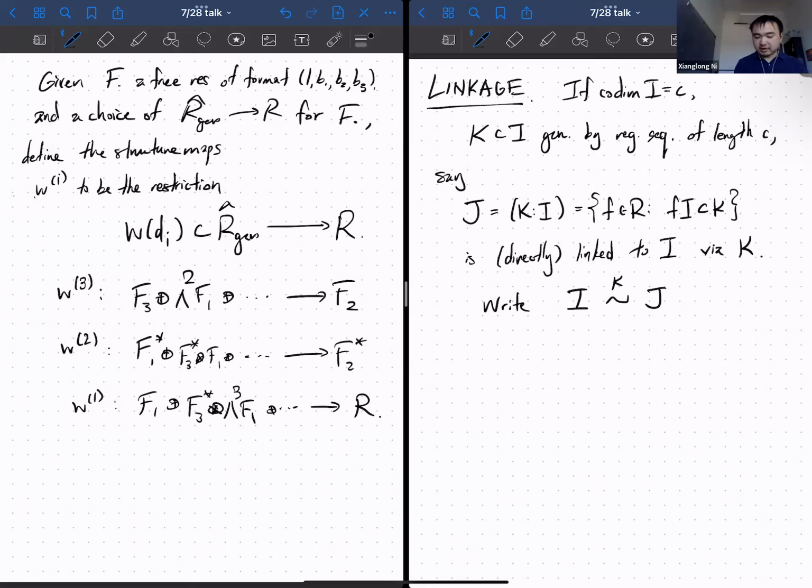All right, so this whole story is a story about free resolutions. The main result on linkage that I'm going to use tells us it's actually possible to write down a free resolution of the linked ideal given a free resolution of the original one. This result appears in Peskine-Szpiro 74, but there it's attributed to Ferrand. So the theorem is due to Ferrand, and it appears in Peskine-Szpiro 74.